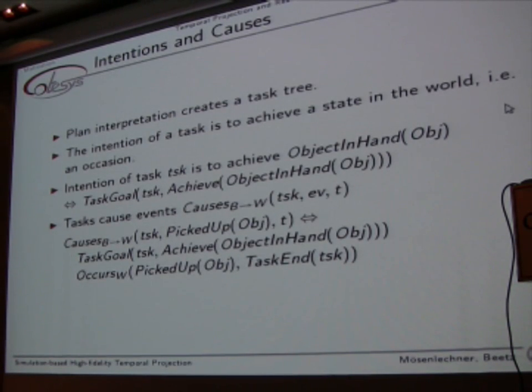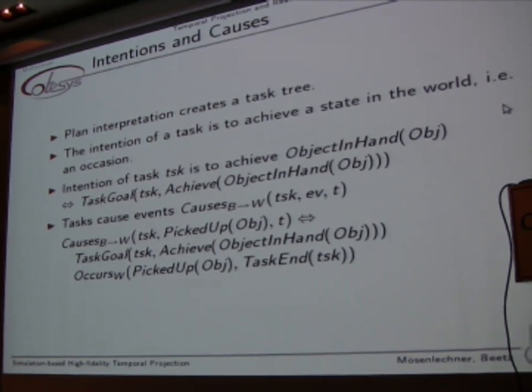So whenever you specify a control program, you specify the intention of this specific control program by saying achieve and then an occasion that is to be achieved. And this goal is basically then successful when, after executing it, this condition holds at the end. So this is basically how we can infer the correct execution of a task.